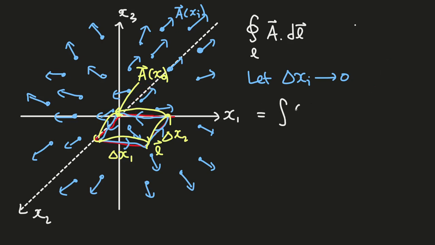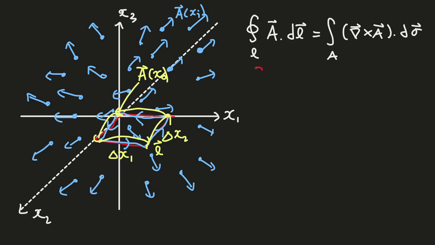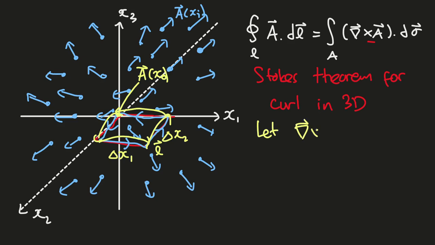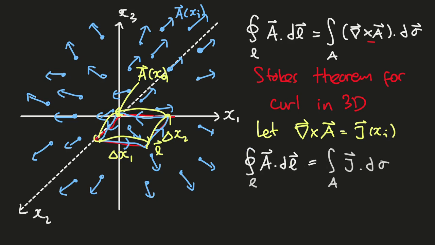Then we have the final integration as this, and the final equality is known as the Stokes theorem for curl in 3-dimensional vectors, because the cross product is only well defined in 3 dimensions. Again, let nabla cross A equal J vector as a vector field. Then we plug it into Stokes theorem and get this result.